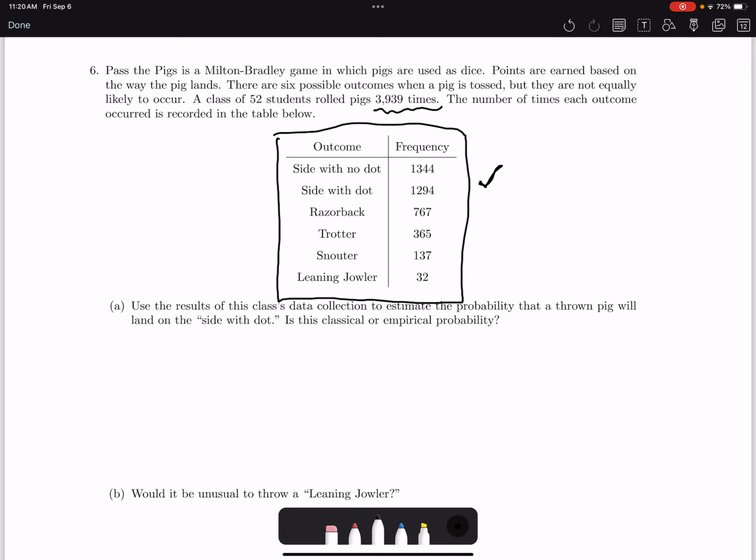Part A says to use the results of this class's data collection to estimate the probability that the thrown pig will land on side with dot. And then as a follow-up question, is this classical or empirical probability?